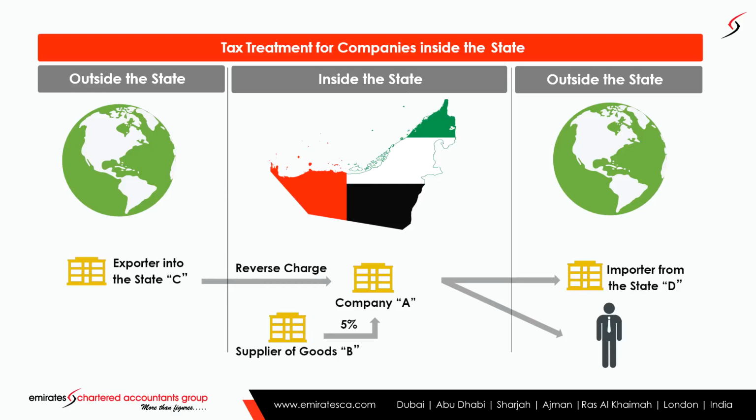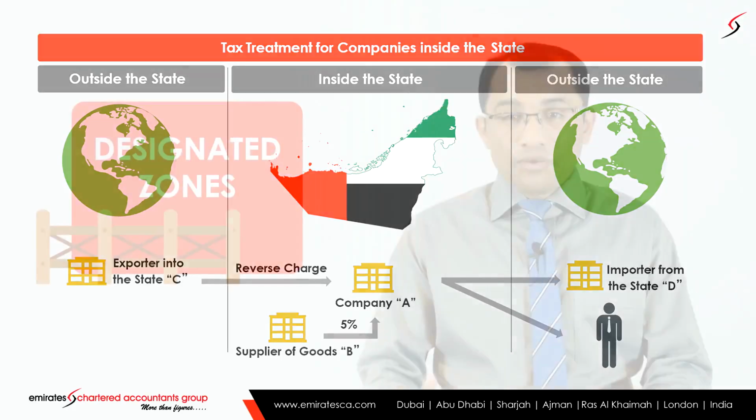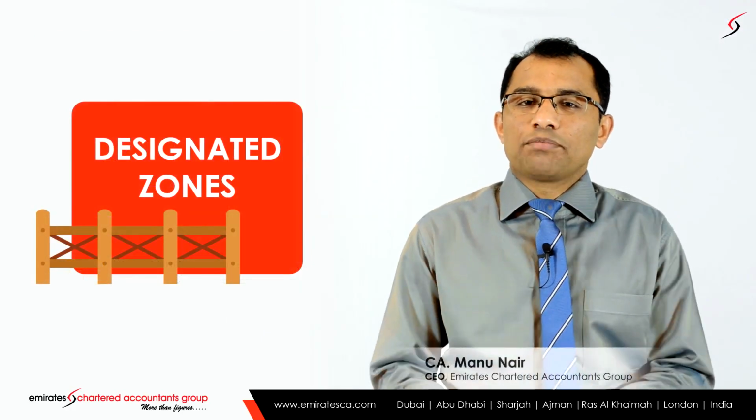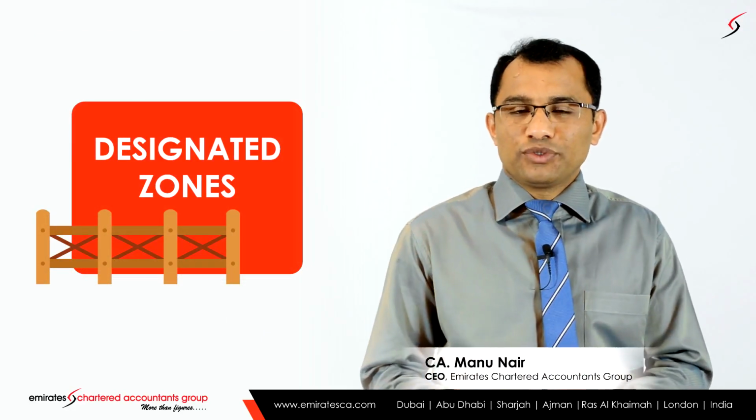When we are selling materials from the UAE mainland to outside UAE, it will be an export that will be zero rated. Within the UAE, if any purchase happens, then the supplier has to charge 5% from the customer.